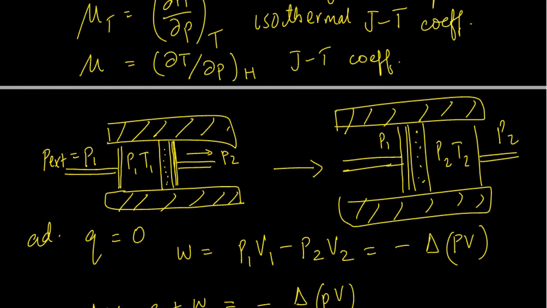Which means the pressure is reduced over here. It should not be P1. If it is P1, then this would be V1 and this would be anyway 0, things would not work.